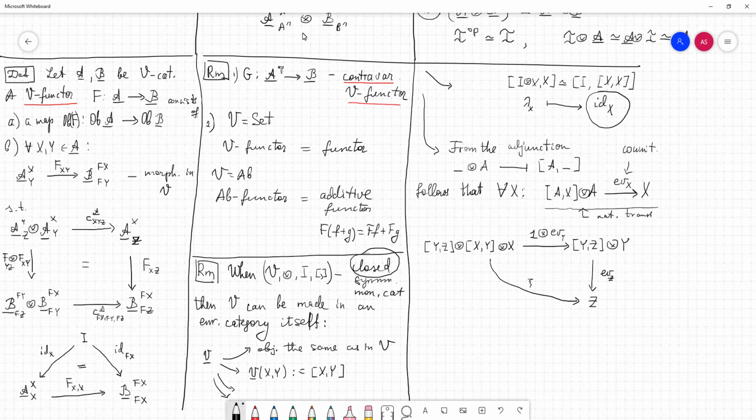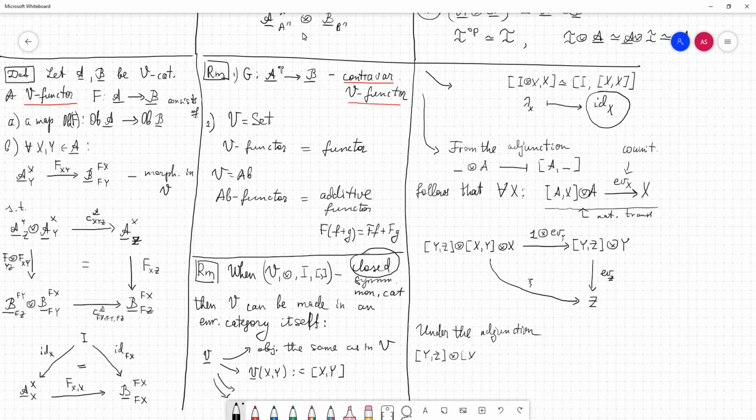So, and again, under the adjunction, which adjunction?